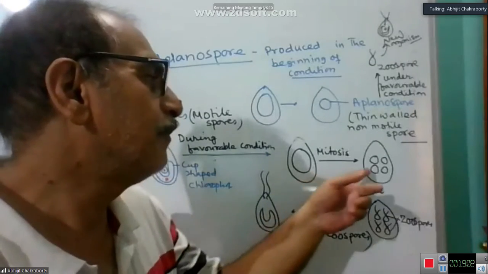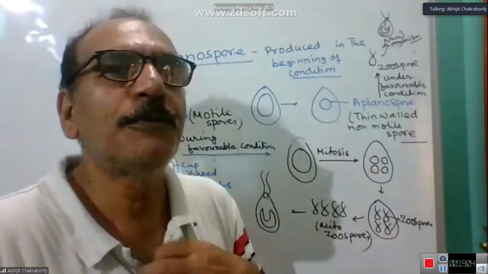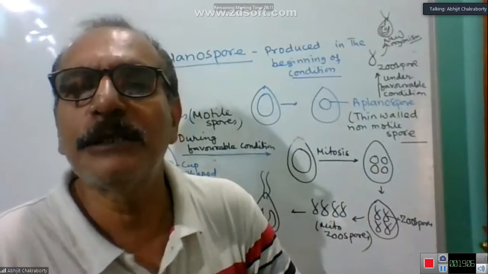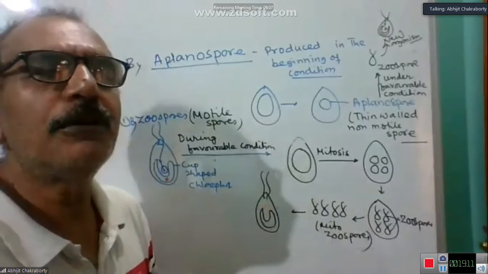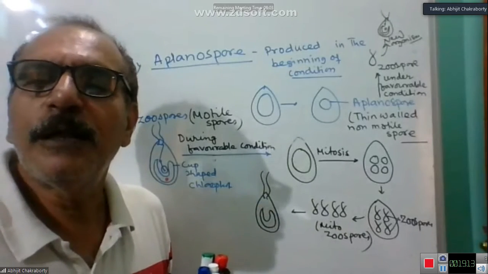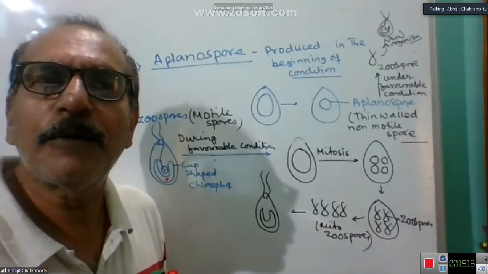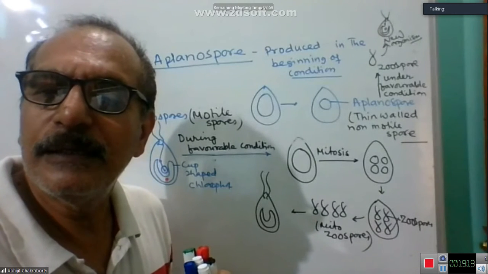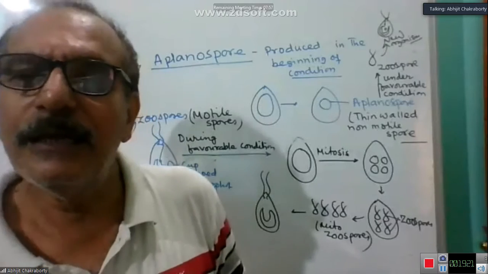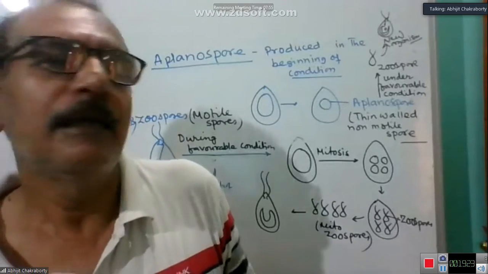Sometimes even for the formation of zoospores, some segments are developed due to mitosis, but if unfavorable condition starts, then also they would not become zoospores, but will be behaving like aplanospores. Are you getting me up to this? Yes, sir. Then what happens?